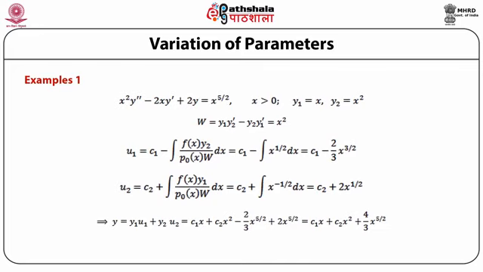We have the differential equation x square y double prime minus 2x y prime plus 2y is equal to x raised to power 5 by 2, where x is greater than 0. Solutions of the homogeneous equation are y1 is equal to x and y2 is equal to x square.